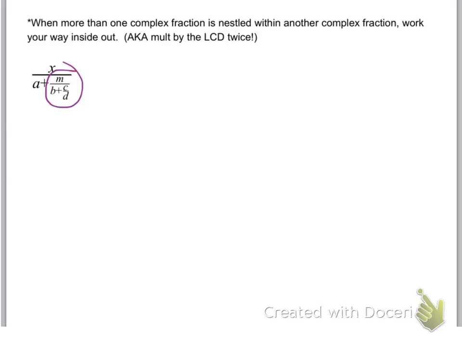Okay? The LCD of that little part is what? What's the only denominator in there? D. Wait, why is it only D? What's underneath m? B, c? No, just b. It's 1. Why?